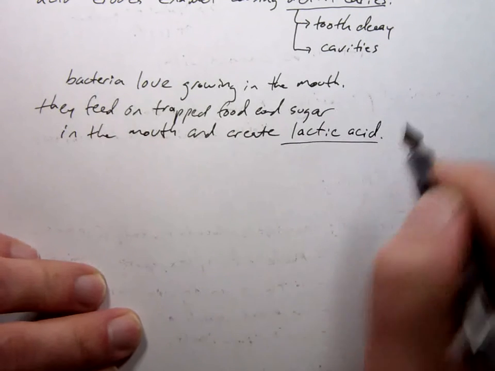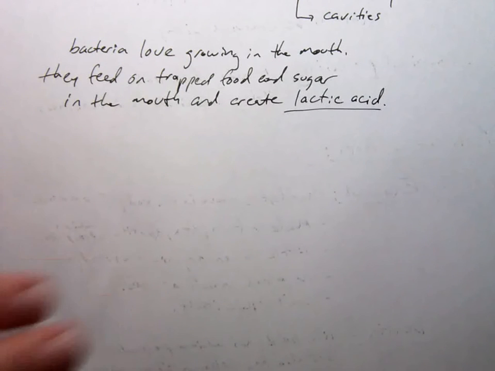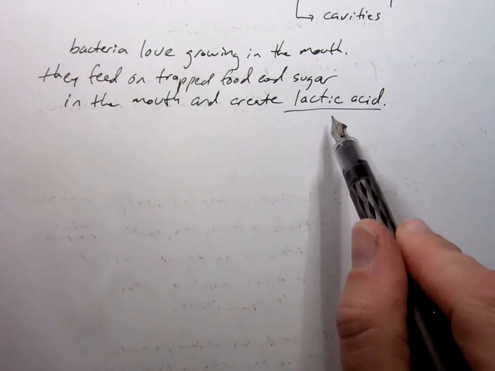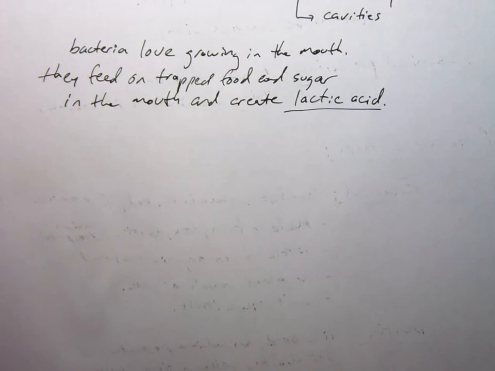As a byproduct of their natural processes, they go through an anaerobic respiration, and that anaerobic respiration produces lactic acid. That lactic acid lowers the pH of the mouth, and as a result, you end up with cavities, because they erode the teeth. They erode the enamel.